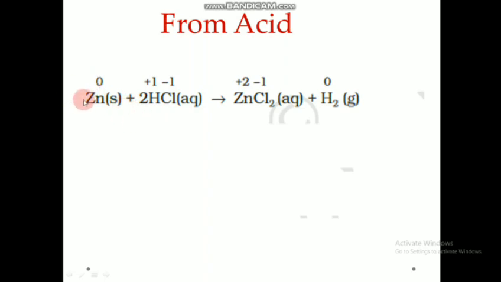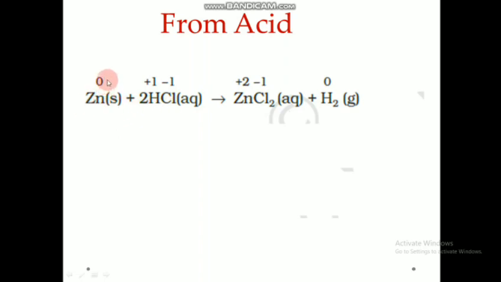Zinc substitutes the position of hydrogen in HCl, forming ZnCl2, and pure H2 with oxidation state 0 is liberated. This reaction we have actually studied in the chapter on hydrogen. The production of H2 gas in the laboratory was done by this method, by adding a metal to dilute HCl.